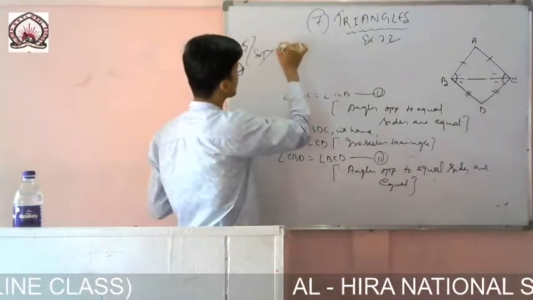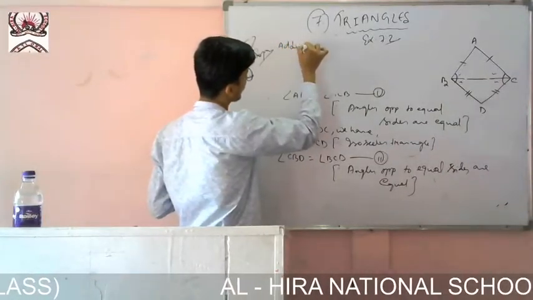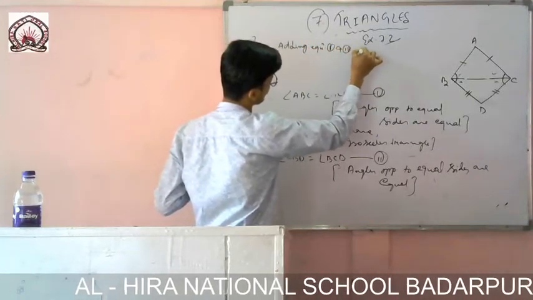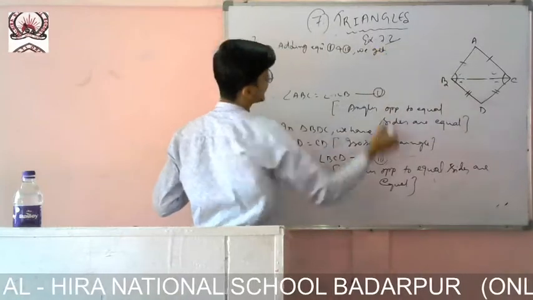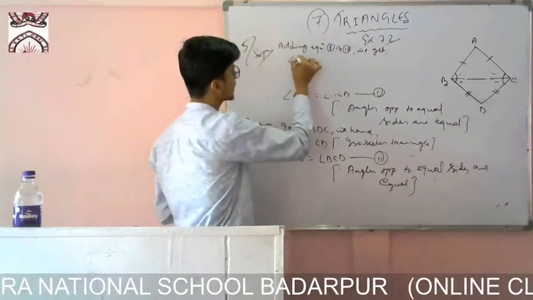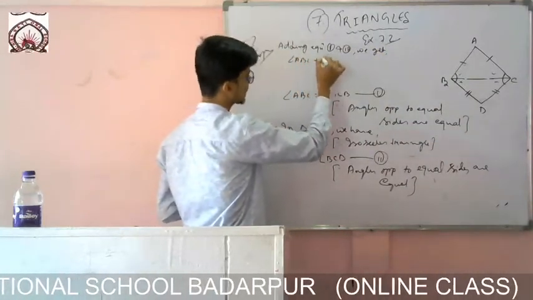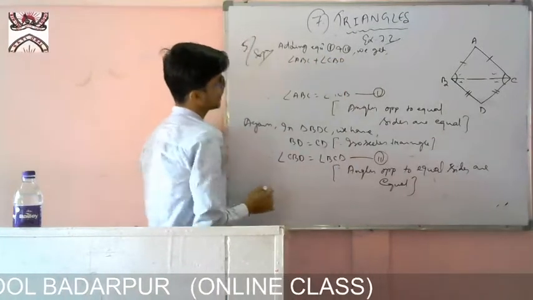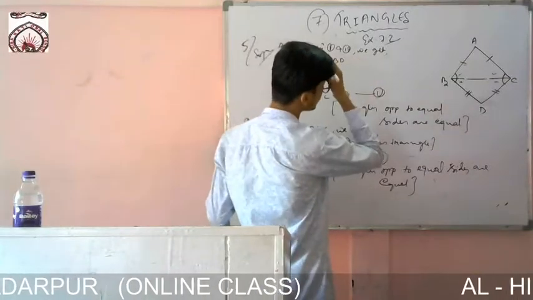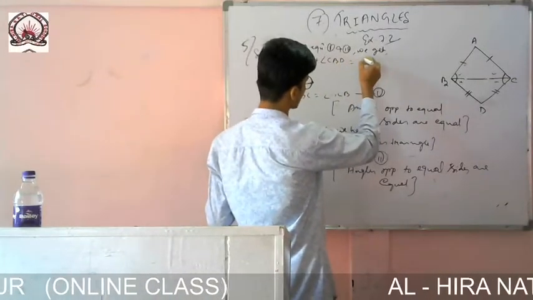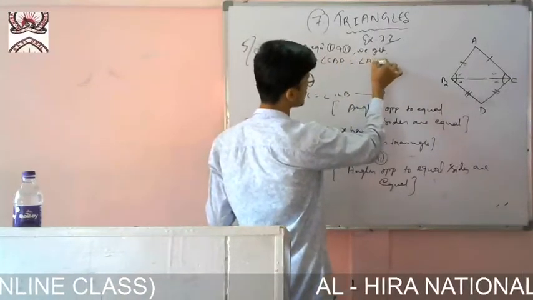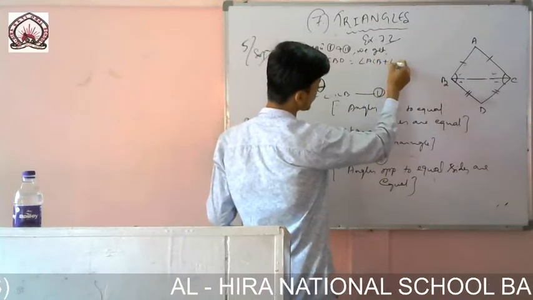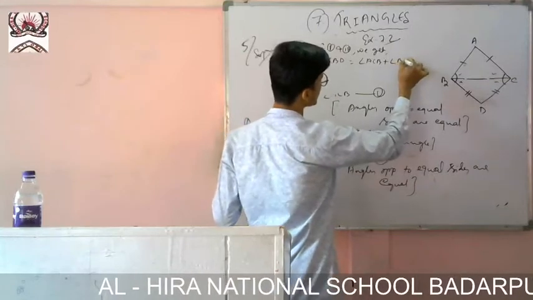So adding equations 1 and 2, I can write angle ABC plus angle CBD equals angle ACB plus angle BCD.